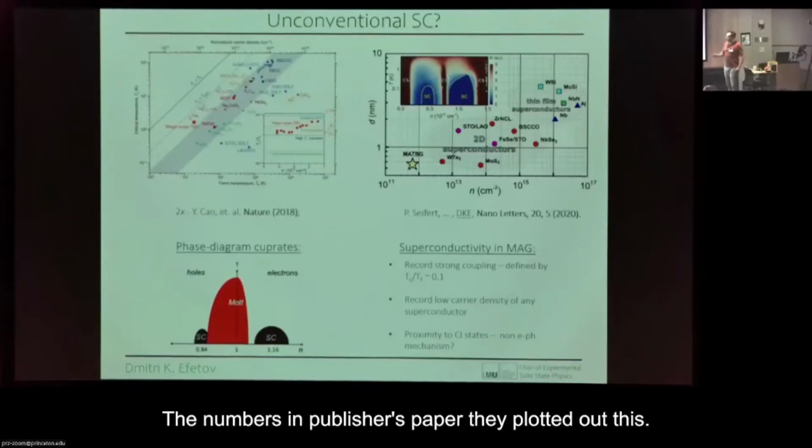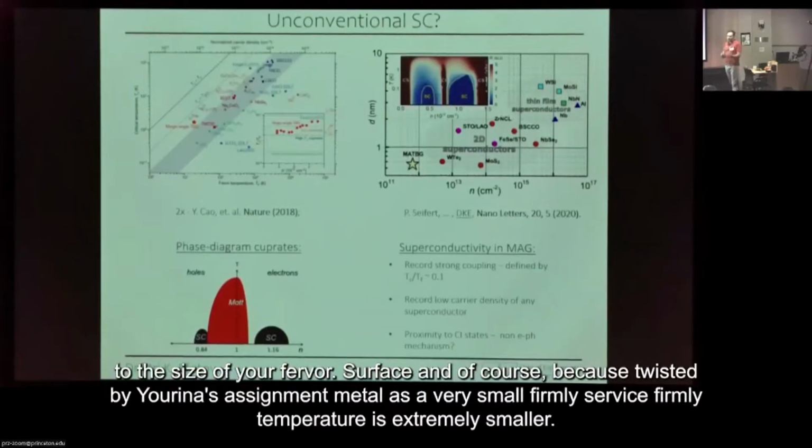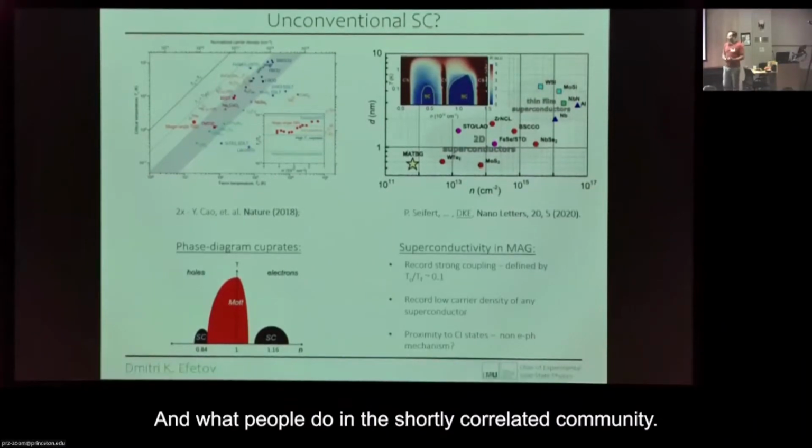So in Pablo's first paper, they plotted out this Uemura plot where they compared the critical temperature of the superconductor to the Fermi temperature of the electrons. The Fermi temperature is basically proportional to the size of your Fermi surface. Because twisted bilayer graphene is a semi-metal and has a very small Fermi surface, the Fermi temperature is extremely small.